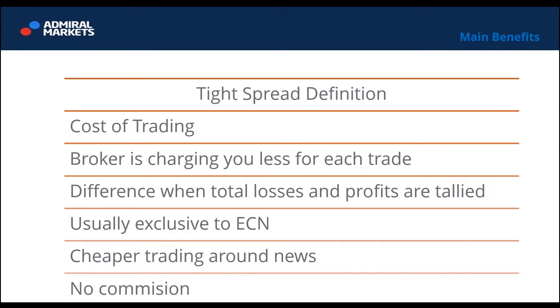So bid, ask, sell, buy. Very, very easy. When the spread is tight, it means that prices do not need to move far in your forecasted direction before you are in black and starting to make gains, okay? So it means that you should be able to make profits faster, okay?